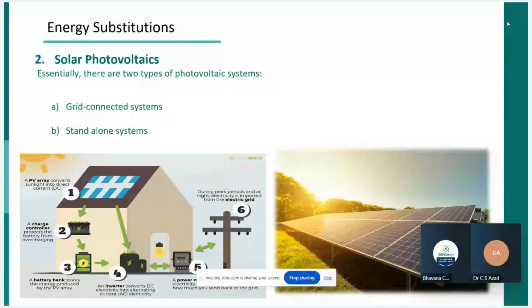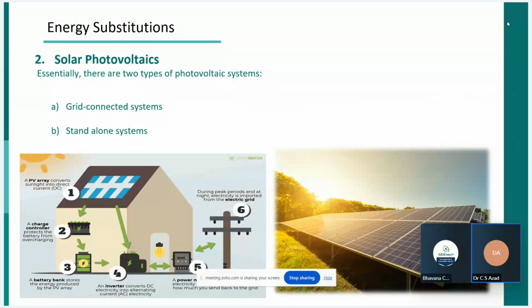Okay. We have all heard about solar photovoltaics, and now under the Prime Minister Solar Rooftop scheme, most of the work is being carried out in all the states. All the discoms have their targets to support this program.